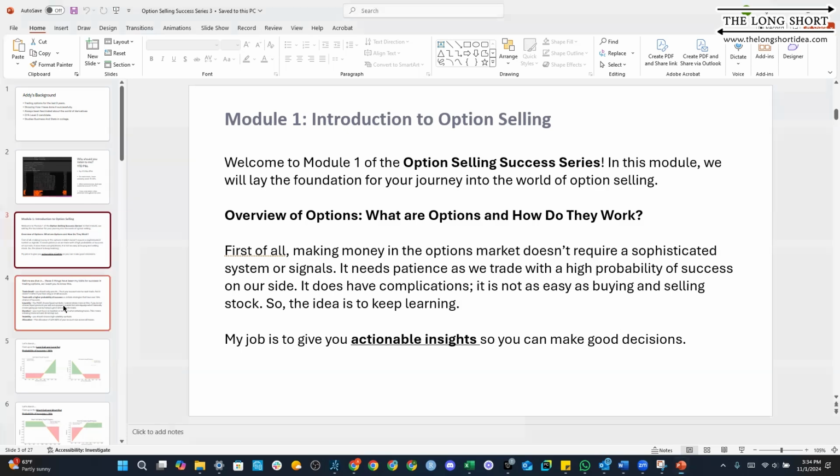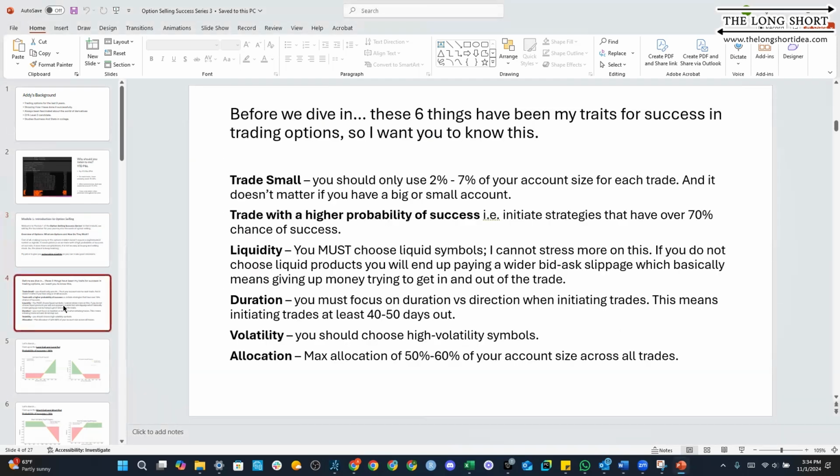Option selling. How do we do this basically? The first thing is we trade small. No more than 2 to 7%, or I should say 3 to 5%, is your sweet spot. That's what it is for me, for any given trade or allocation. Let's say you are trading 3 different strategies in 3 different tickers.